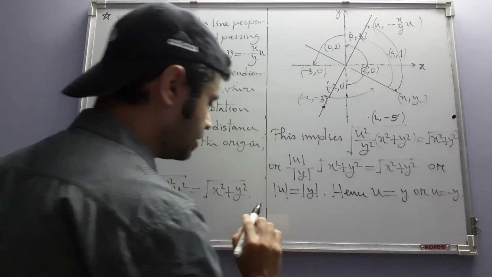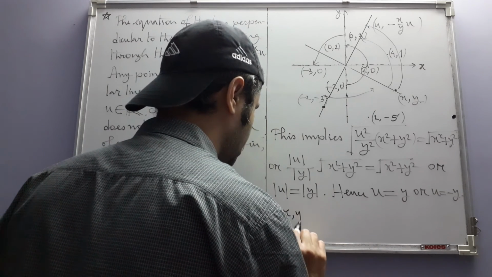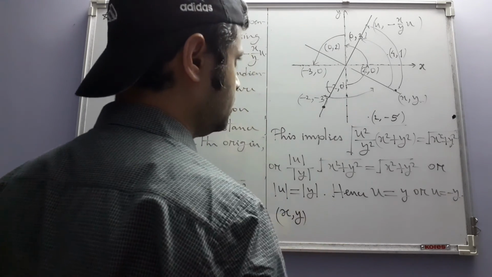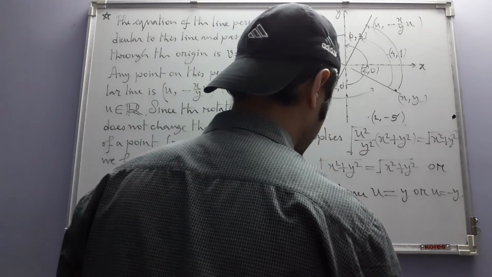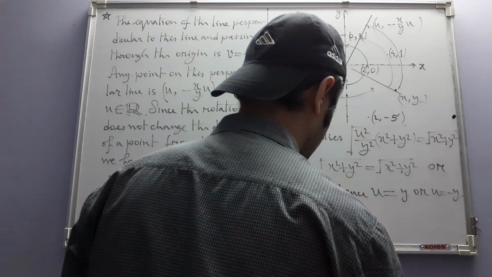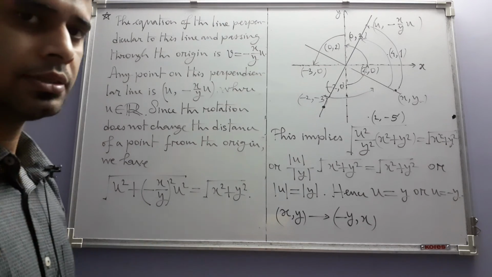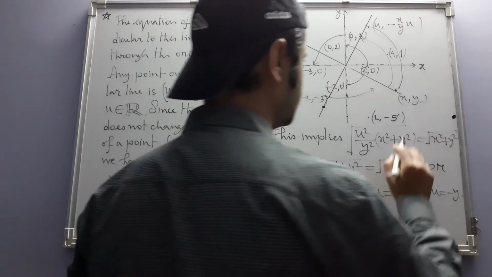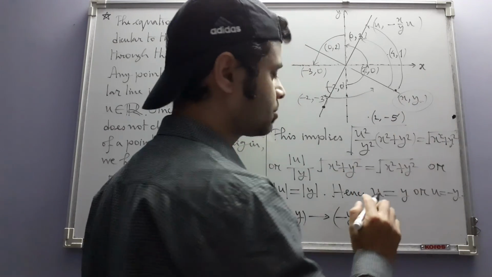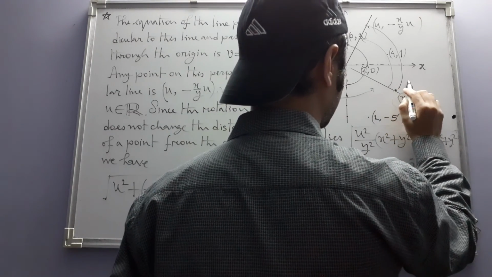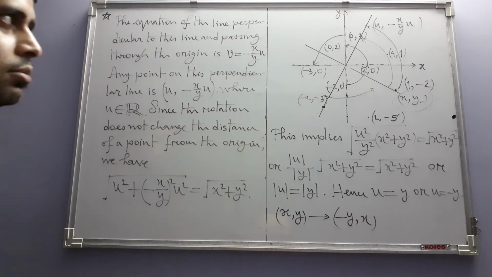So my guess is this: the point x comma y will be taken to minus y comma x. Let's verify this guess with one point. Since we have taken our point in the fourth quadrant, let us take the point say 1 comma minus 2.